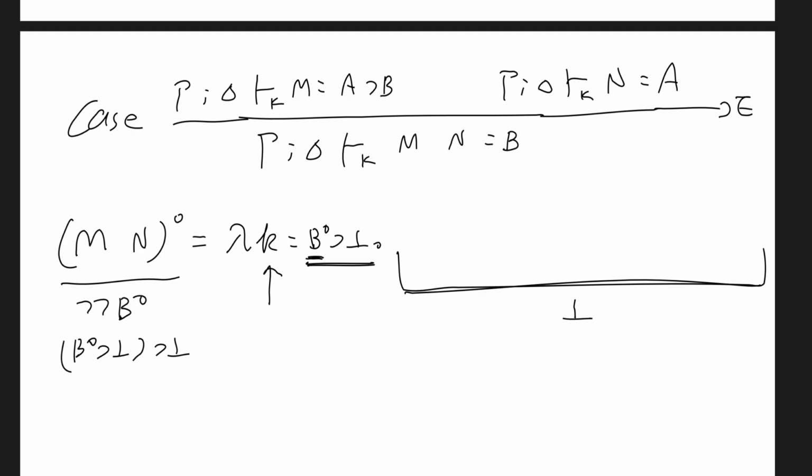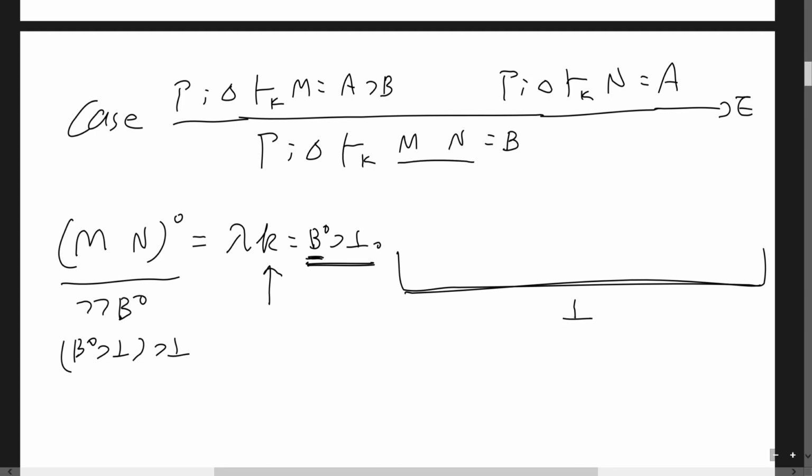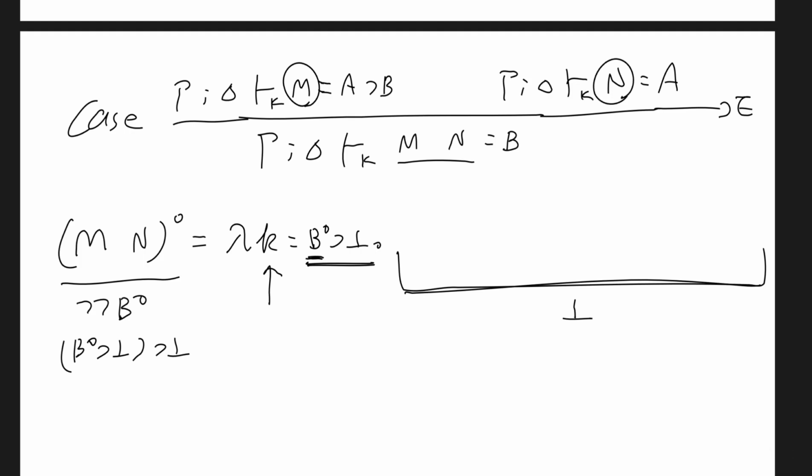So when we compute this M applied to N, this is the first proof term that we evaluate, and then we would compute this one and then apply, whether it is call by value or call by name.